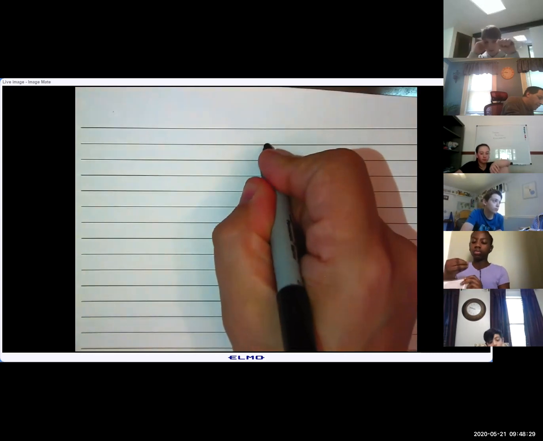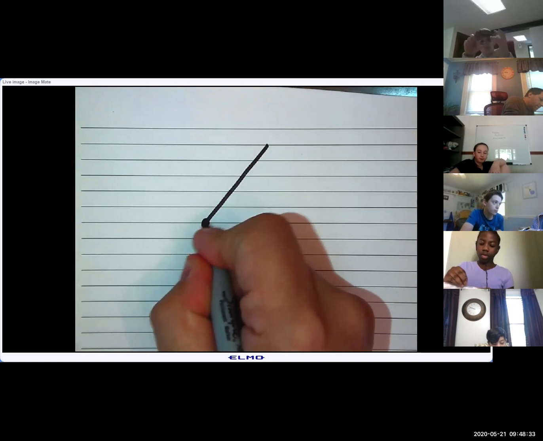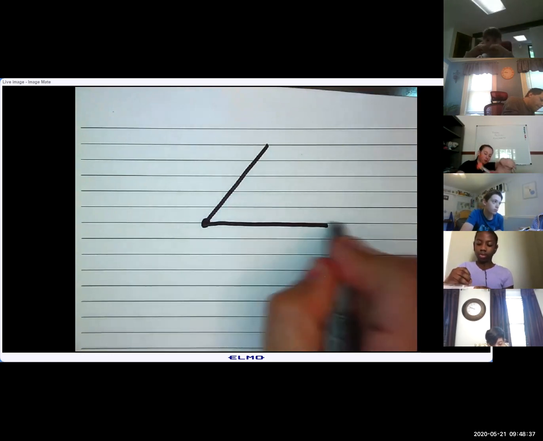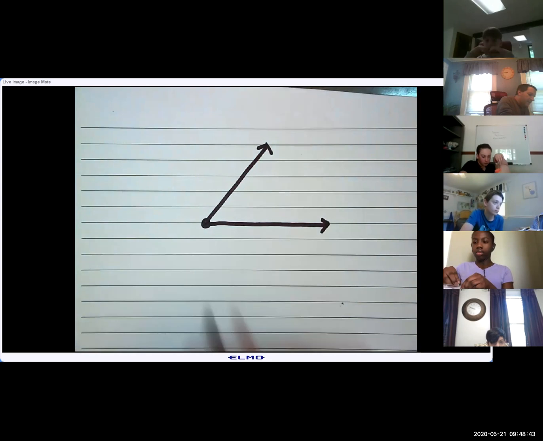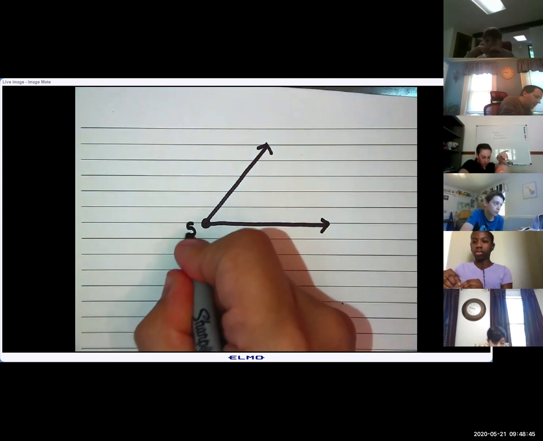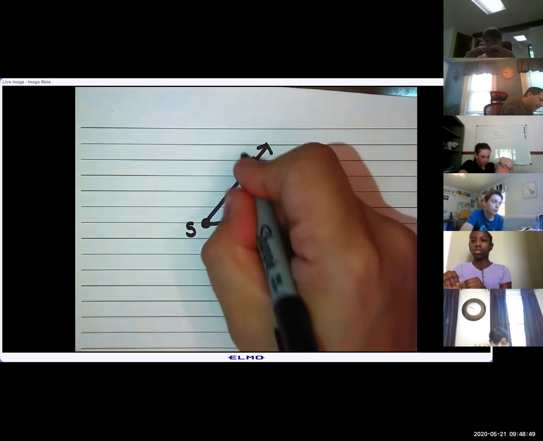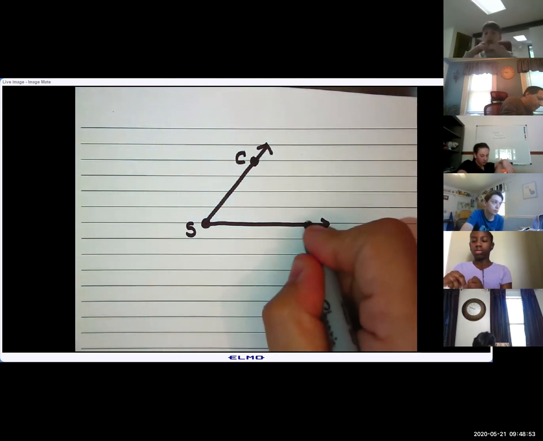I'm going to make a random angle, and I'm going to name this angle. I saw Sophia, so I'll make that point S. I saw Christina, so I'll make that point C. And I saw Alex. I will make this point A.